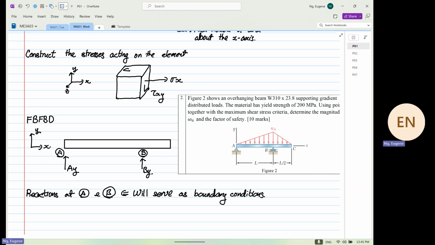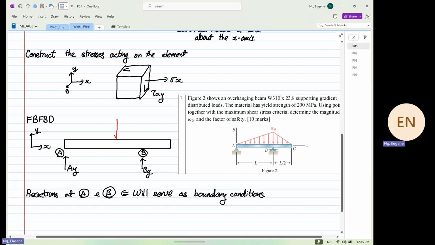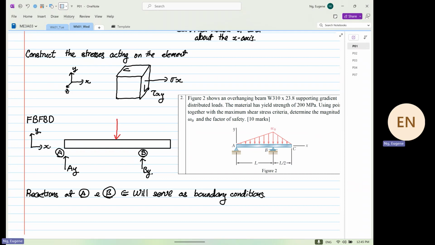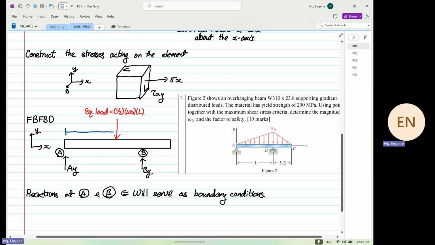The next thing that we are going to determine is the load over here. And for this load, we have our equivalent load, which is half omega naught multiplied by L. The equivalent load will have a distance from here to here, which is equal to what?